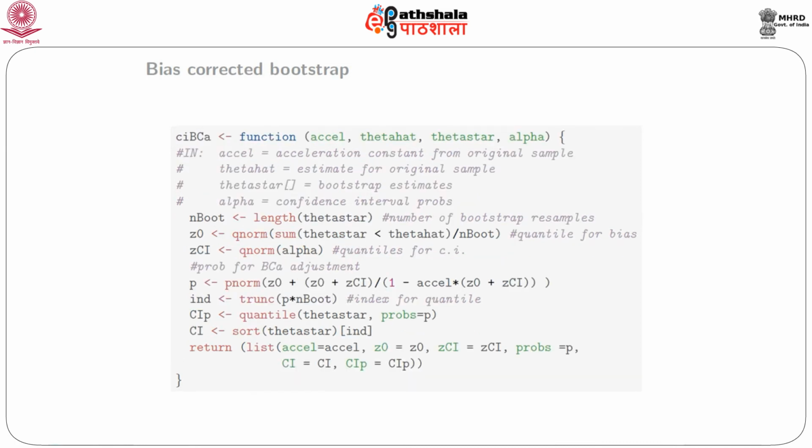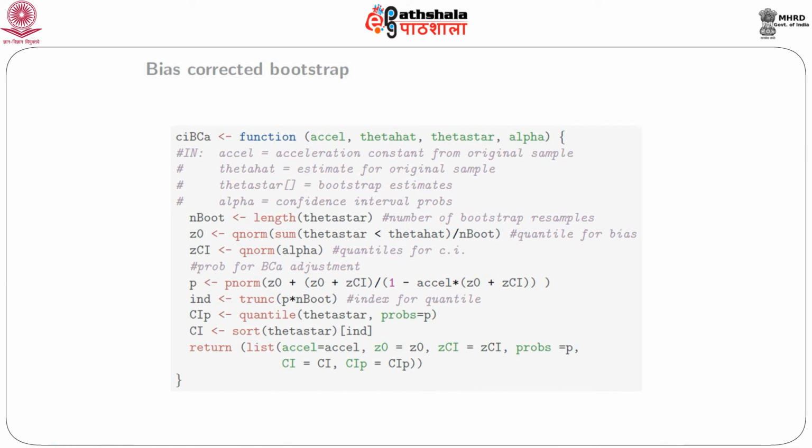Now, we define the bias corrected accelerated bootstrap confidence interval. Note that when the acceleration value is set to 0, then we get the normal bias corrected bootstrap confidence interval.